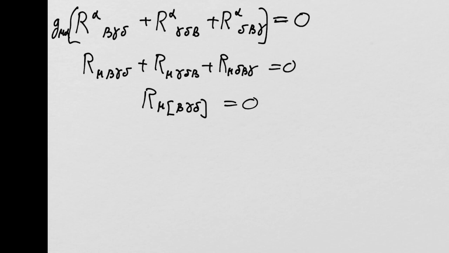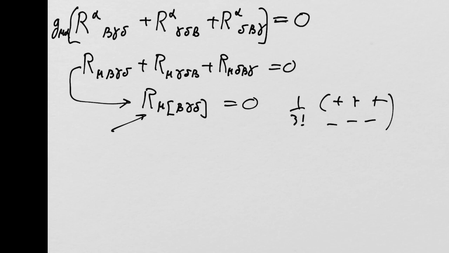And I can go from here to here, right? Because if I blew this up, it wouldn't look like this, right? It would be 1 over 3 factorial, and then there would be 3 terms that are positive, and then there would be 3 terms that are negative. But again, I already know that R mu beta is antisymmetric in these last two indices. I know that symmetry already.